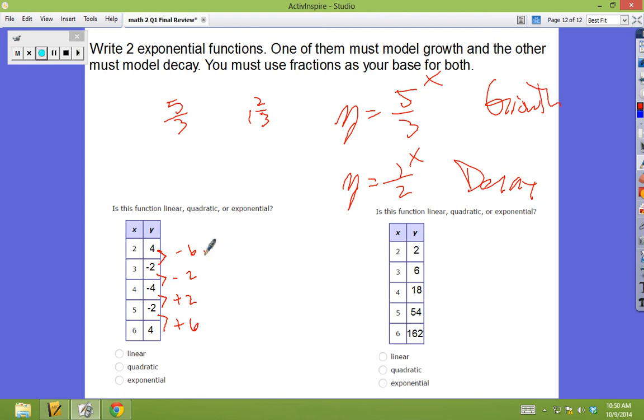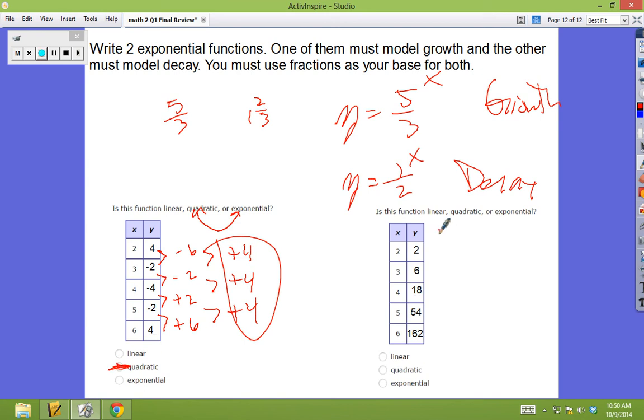So this is going to be quadratic, because that is increasing by 4, that is increasing by 4, that is increasing by 4. So it starts to shrink, turns around, and then starts to grow. It's going to be a parabola. It's quadratic because if I examine the change the second time around, it was always constant.